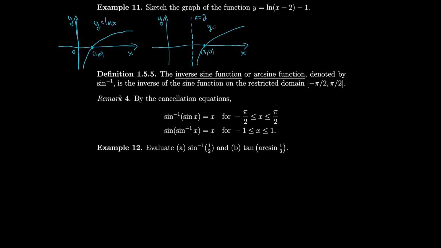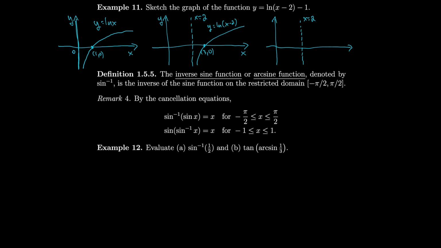So that's y equals ln of x minus 2. And then all we have to do now is subtract 1. So we have to just move it down 1. Okay, let's put back our line.